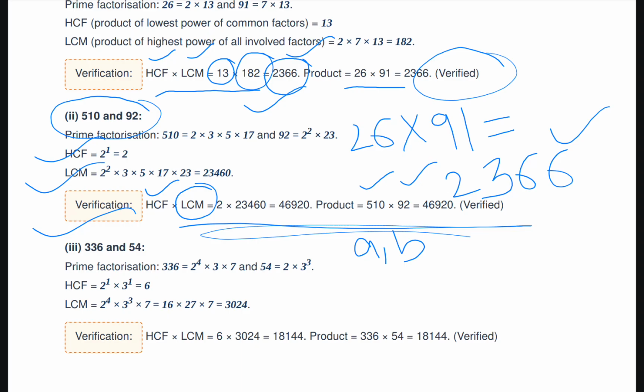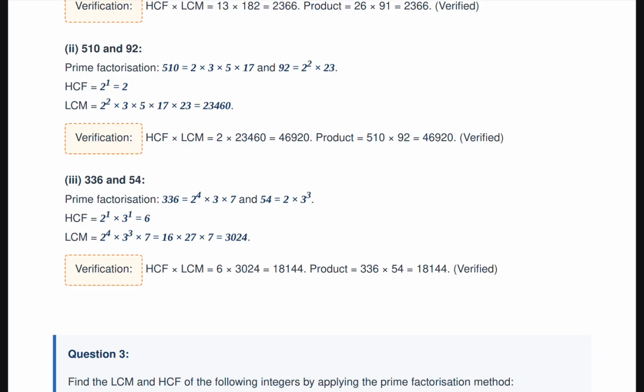So you will use the formula SCF into LCM is equal to A into B, where A and B are the numbers, and then you will put in the other three given values and find the LCM. Okay, so in this way you will do this kind of question in your exam.